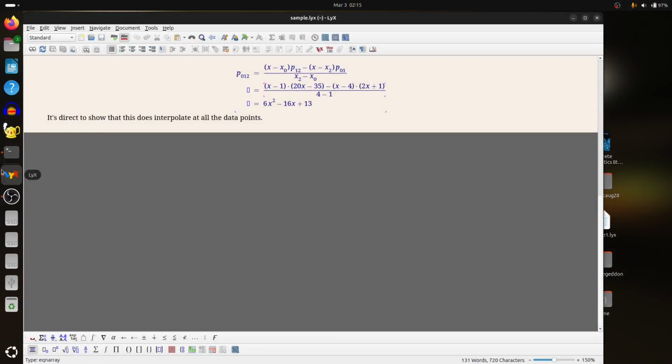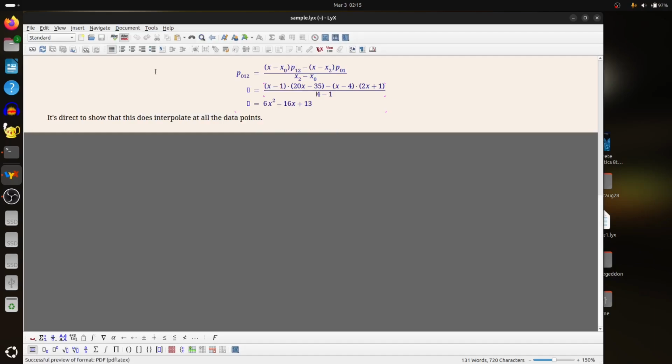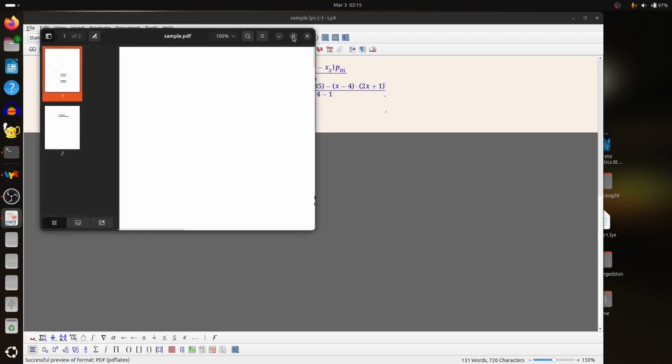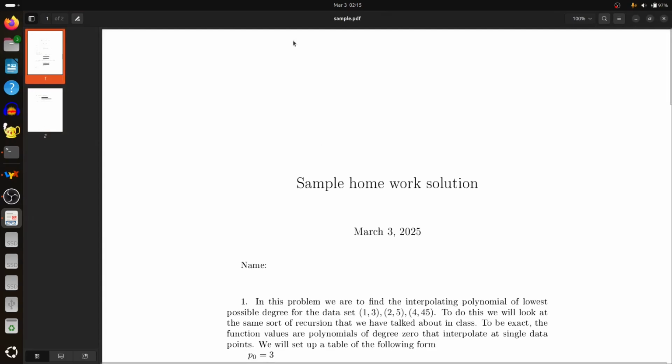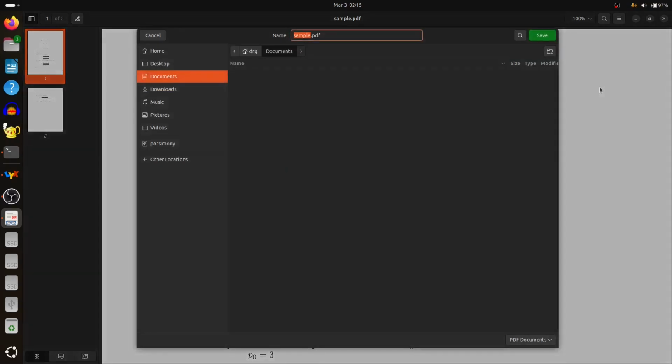Now, this is the LyX file. If I want something that I can print out or email to somebody, I'll view this as a PDF file one last time, except I'll go over here and say save as. Going to put it in documents.